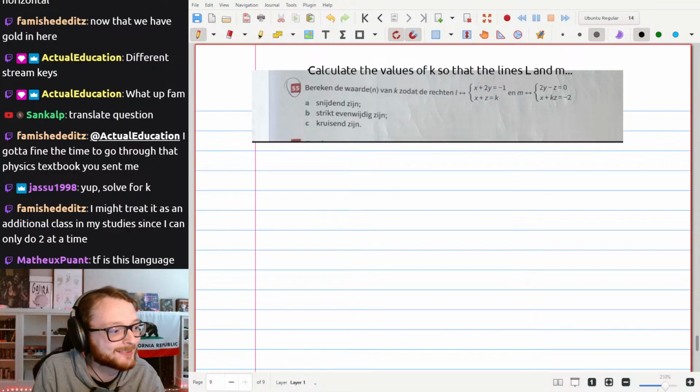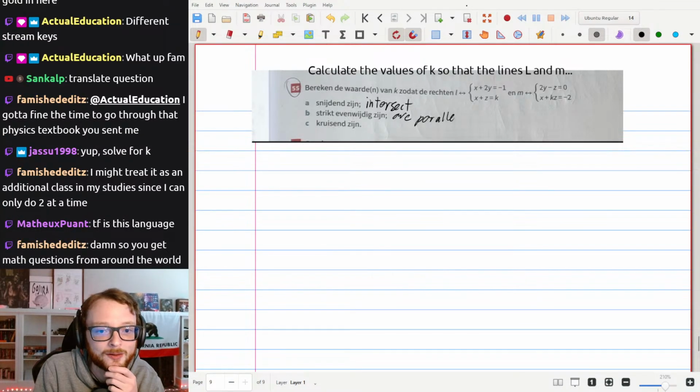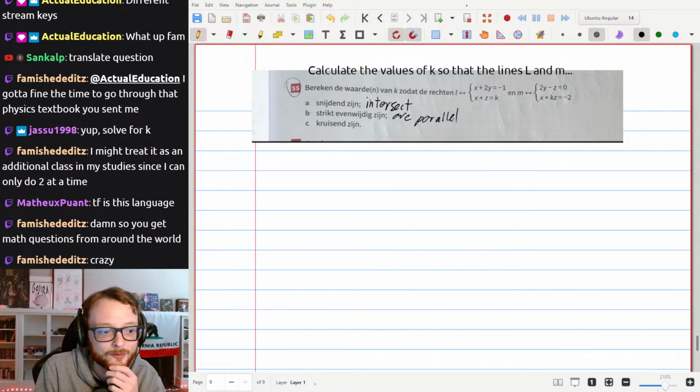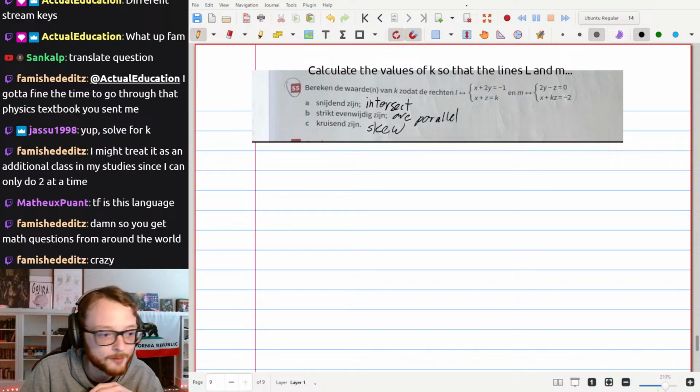So A is intersect. B is parallel. And then C, I think, is skew, as in they don't intersect, but they have different slopes, is how I'm interpreting part C.